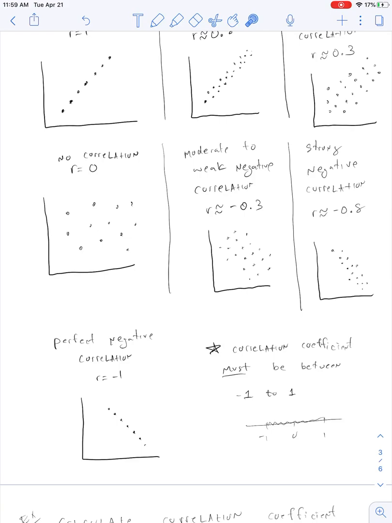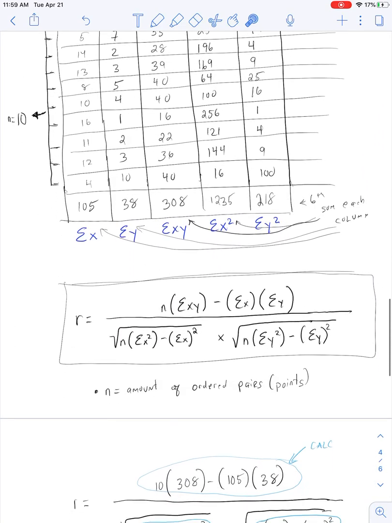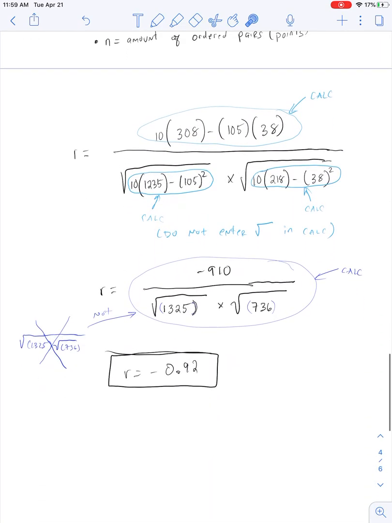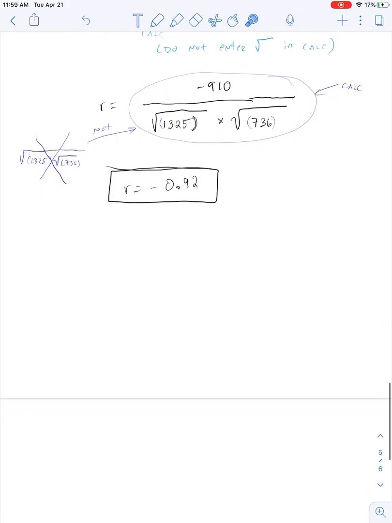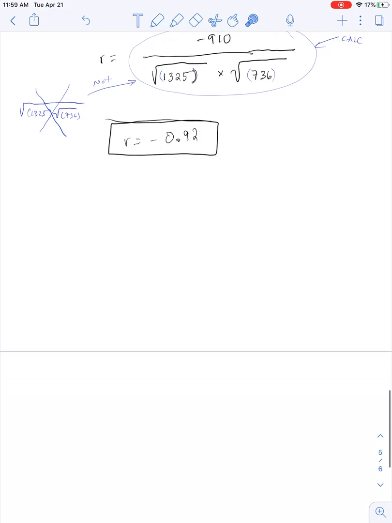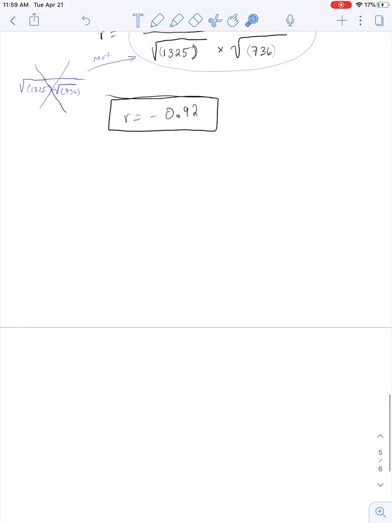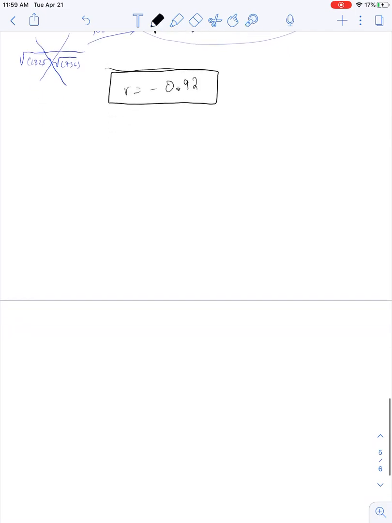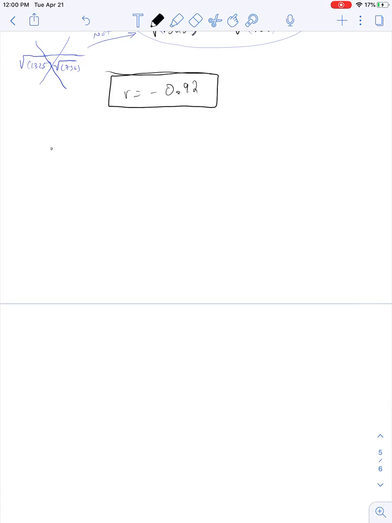Therefore, making it a strong negative correlation. So a nice example on finding the correlation coefficient. Continuing on, one thing that we should also be able to do, right, is find a best fit line.